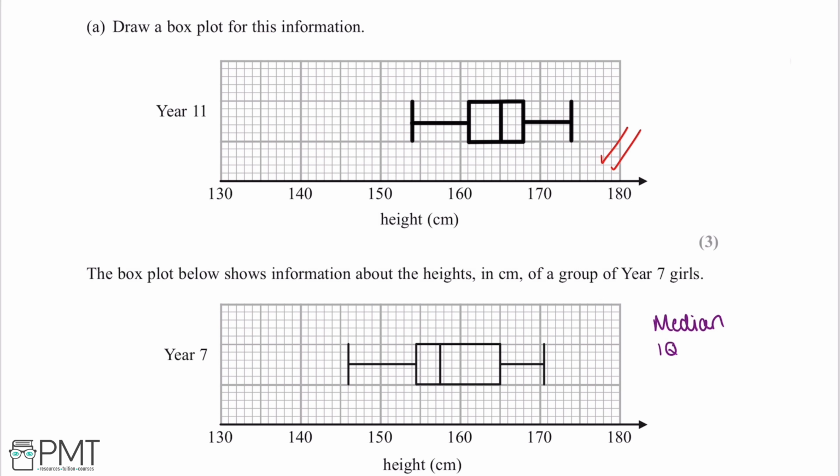And what we can see is that Year 11 has a smaller interquartile range than the Year 7 students. And we can also see that the Year 11 students have a higher median than the Year 7 students.